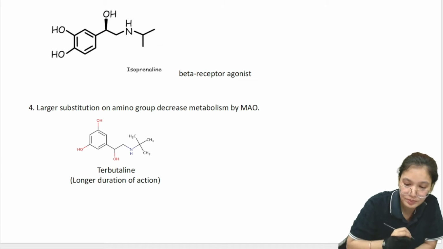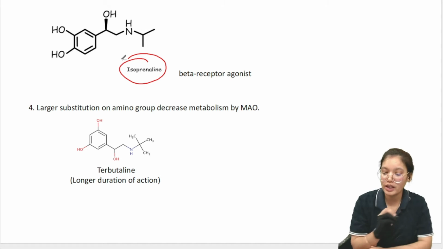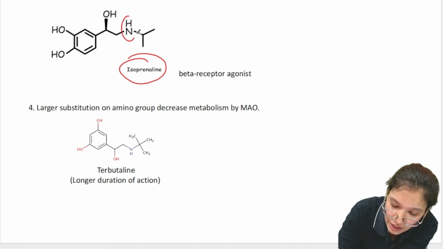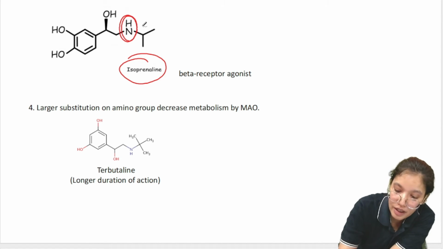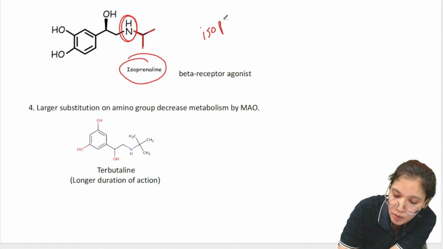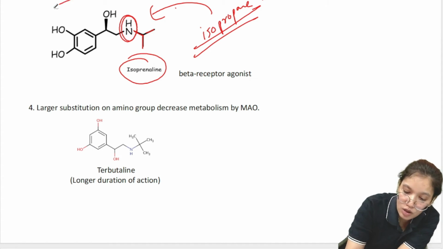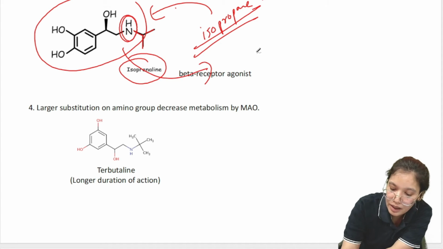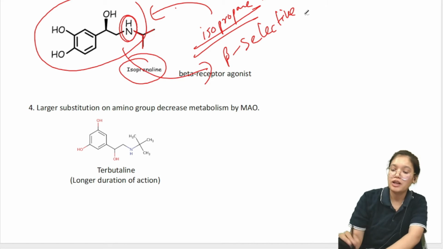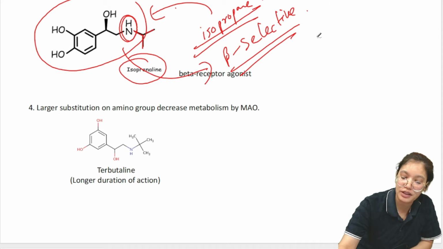Like here isoprenaline is the example. At the NH2 or amine group, if we attach a bulky group, that is an isopropyl group, this isopropyl group will make isoprenaline beta selective. So due to the attachment of the bulky group to the amino group, its beta selectivity increases.